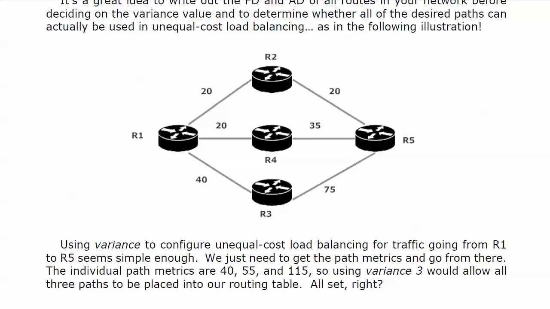So you just say, okay, variance 3. Because the FD of the successor, the metric, is 40, then with variance 3, any path that has a metric of 120 or less is going to be brought into the routing table. Well, 115, definitely less than 120, so we have no problem, right?